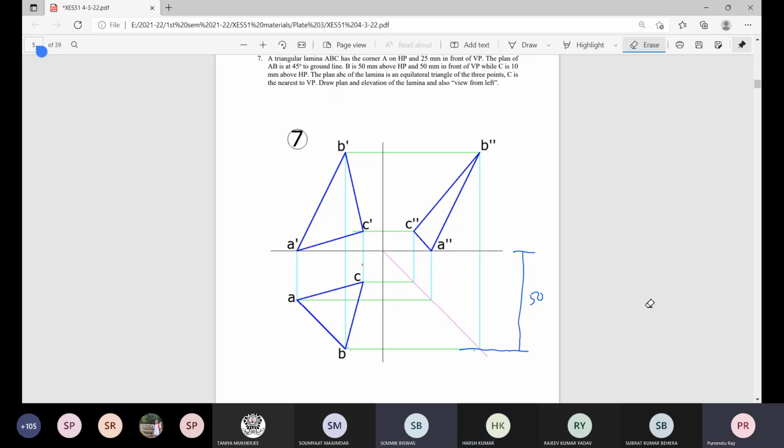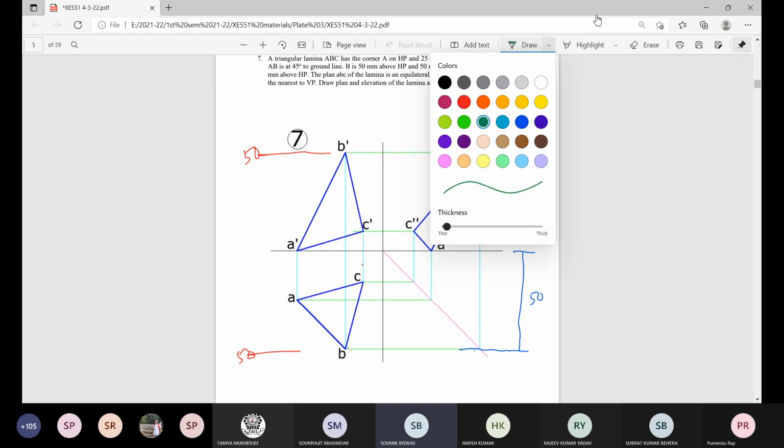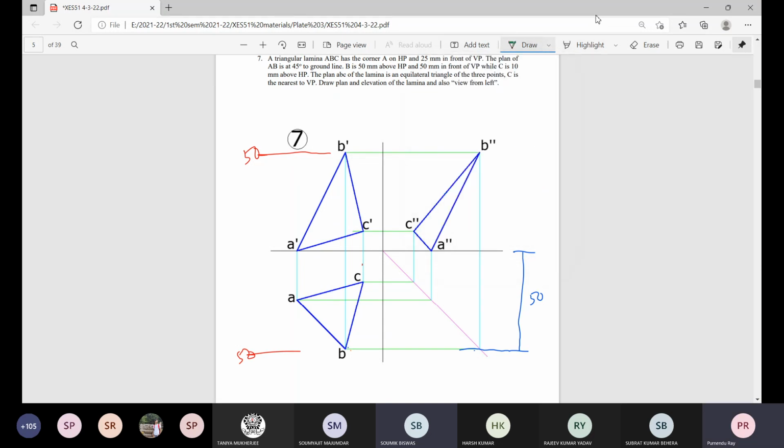Okay, the ground line is known. This is at 50 millimeter. This is also at 50 millimeter. But at what location? Is it here? Is it here? Or is it here, along this 45-degree line?